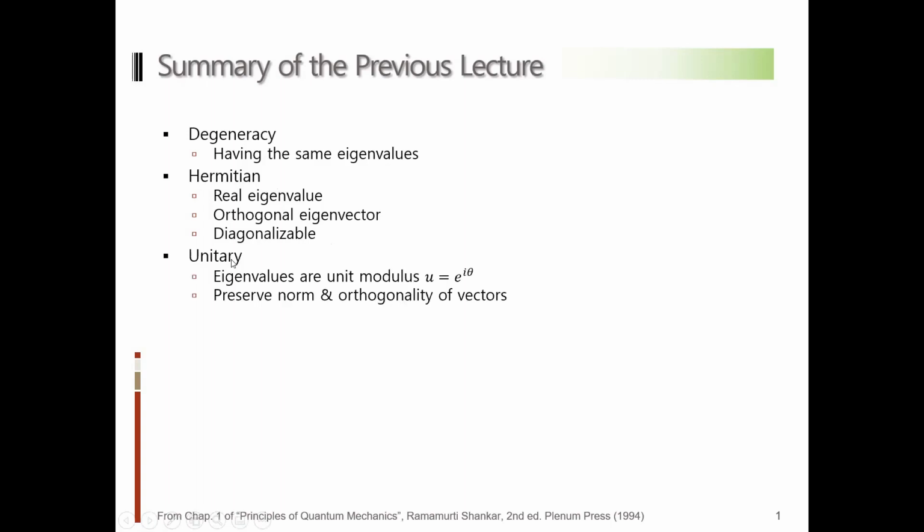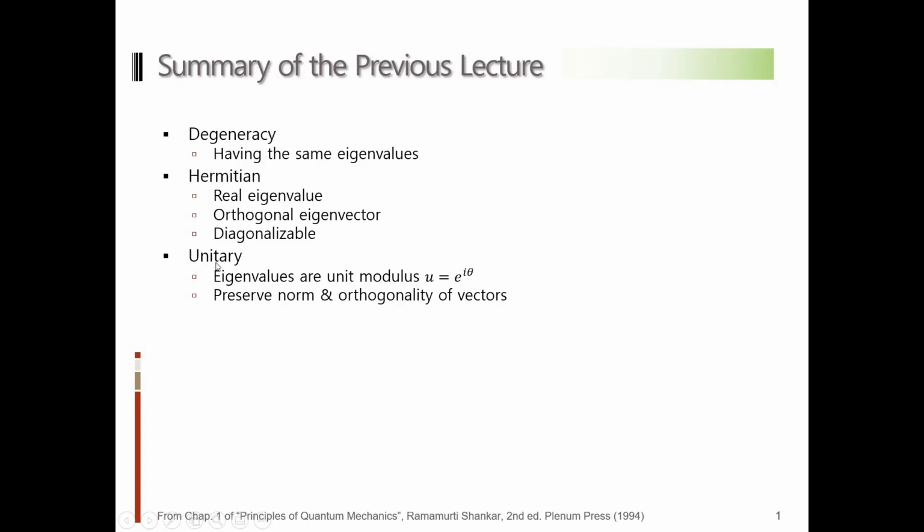Another interesting type of linear operator is the unitary operator. The unitary operator has the property that all the eigenvalues are unit modulus, meaning the absolute value, or the magnitude, of the complex number is 1.